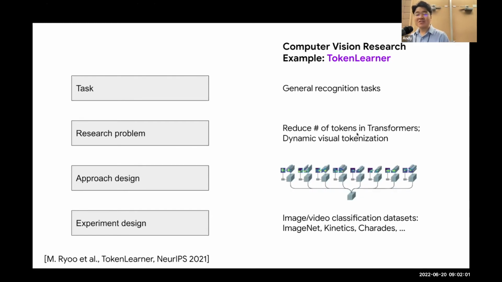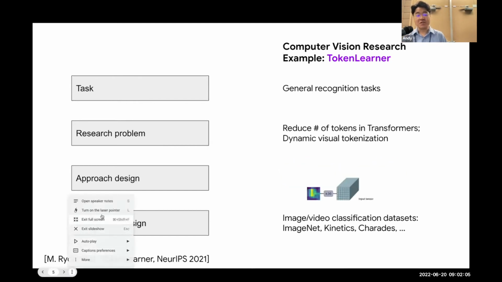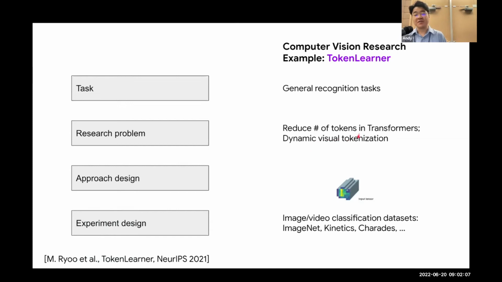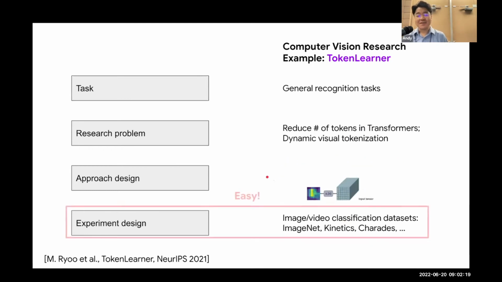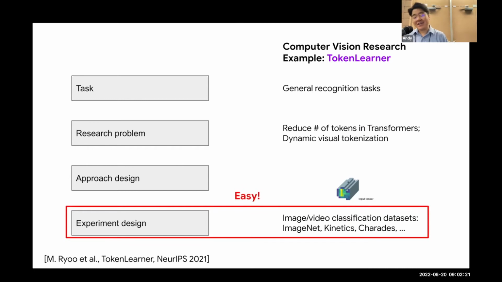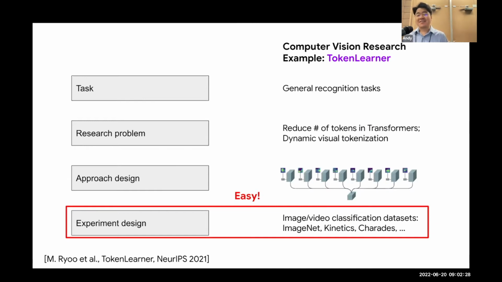And the problem I wanted to focus on was essentially reducing the number of tokens in transformers and doing some dynamic visual tokenization. There was an approach to implement this in the form of a spatial attention mechanism. And after that, the decision for me was pretty easy. I had to use ImageNet, I had to use Kinetics, and that's how things went.